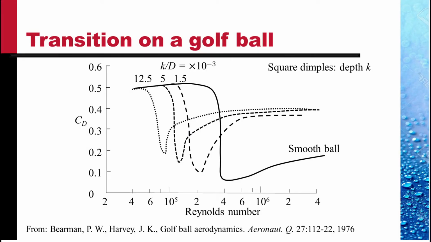This again is a graph for transition on a golf ball. For a smooth ball, you can see that the transition occurs at about 4 into 10 to the power 5.